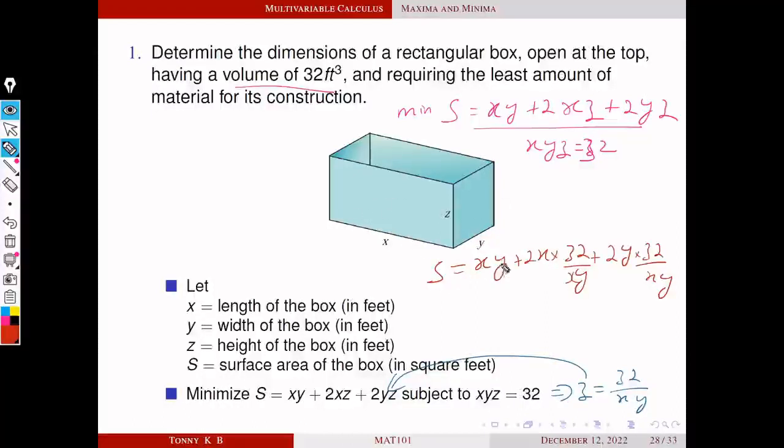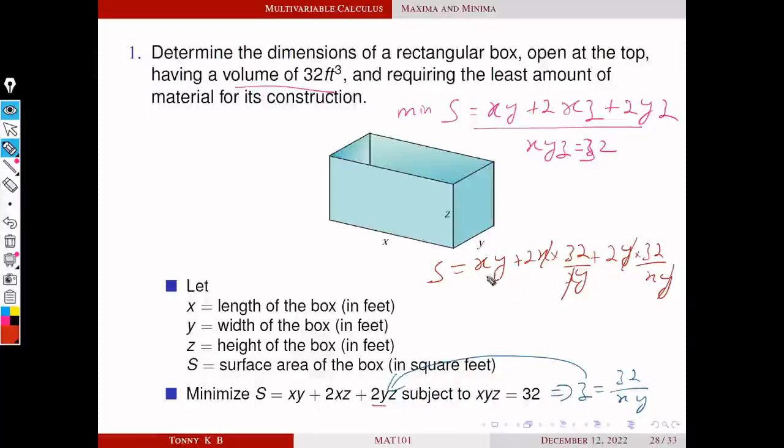Our S becomes xy. There is no change in xy, plus what is the second term? Second term is 2xz. So just replace z by this quantity. So the second term becomes 2x times 32 by xy. Similarly plus 2y into z, what is it? 32 by xy. You can cancel this x, and here you can cancel this y.